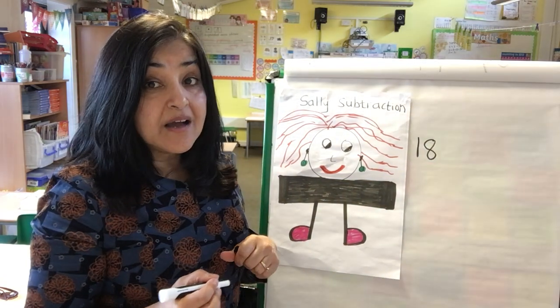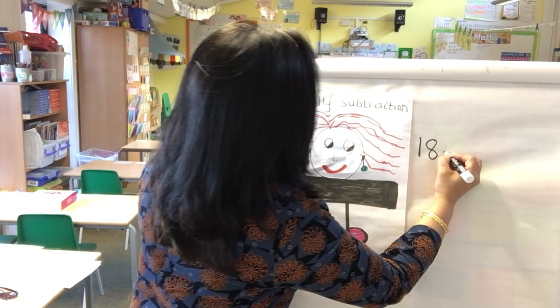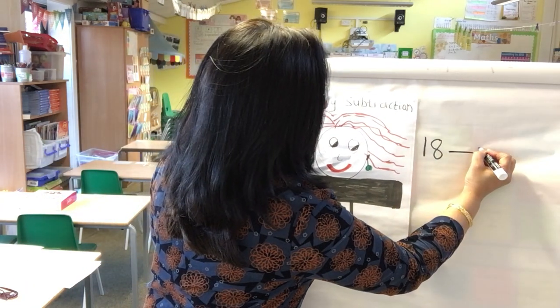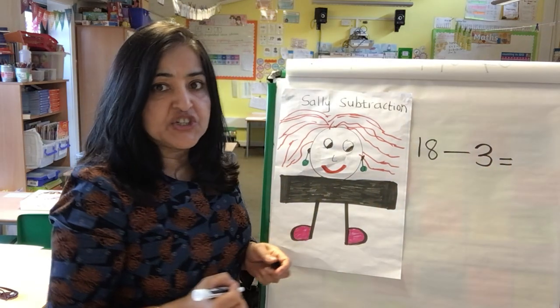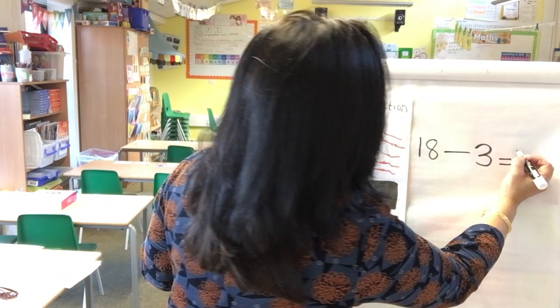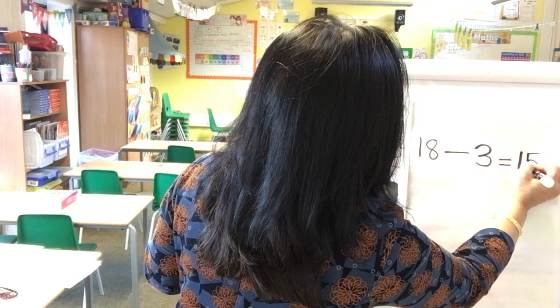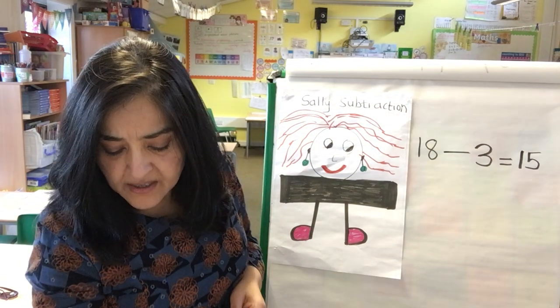And what is the sign for taking away? That's right. She came and took away 3. She took away 3. And now I've only got 15. Silly Sally Subtraction.